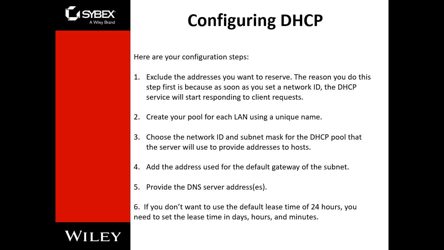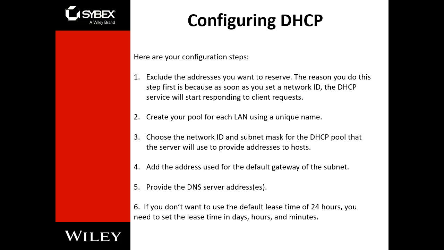The way we do this is, the first thing we're going to do is exclude any addresses in the DHCP pool that we wish to reserve for static addresses for devices such as our router's gateway interface or for the DNS server and so on.